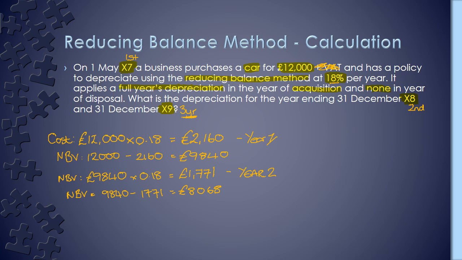So then for year 3, we're going to do our net book value of 8,068, multiply that out by 18% for our depreciation, which will give us, again with a tad of rounding, 1,452, and that's our year 3.